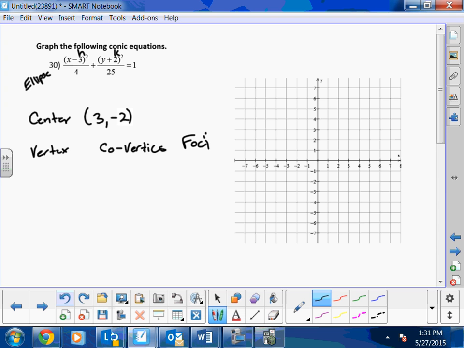Now how do you know which one is the a value? The biggest one. This is going to be a squared because it is the biggest denominator. That's important to know. So this is going to be b squared.